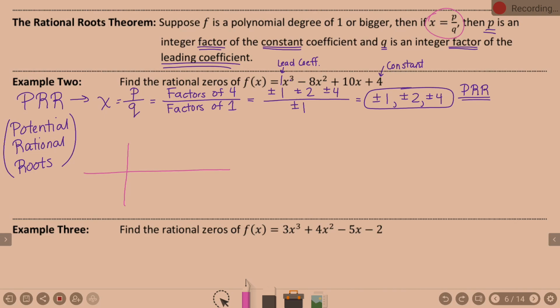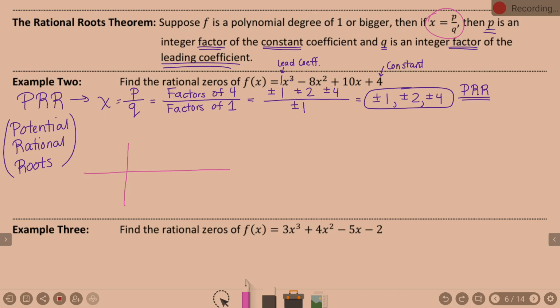Positive 2. It's the only one that's really on. The other ones would be, there's 3, but the other ones are going to be decimals. So they're not going to be rational, maybe? Yeah. Since my only rational options are whole numbers. And here's the deal, guys. When I say those are my PRRs, those are my potential rational roots. All of the rational roots are included in that list.